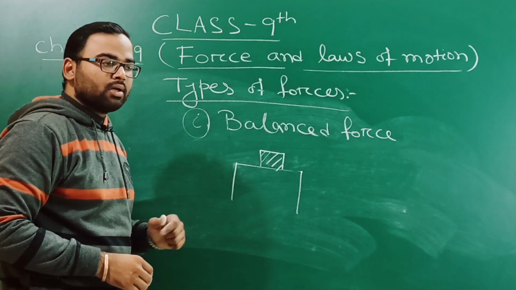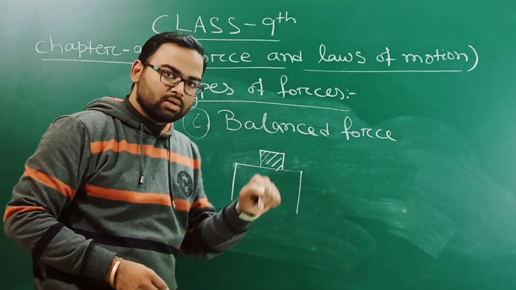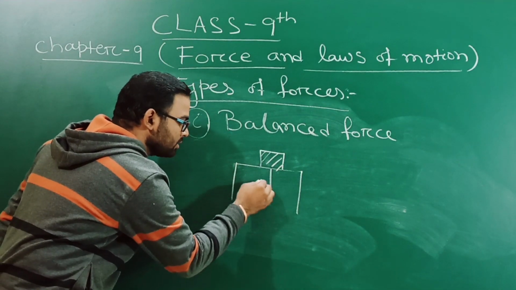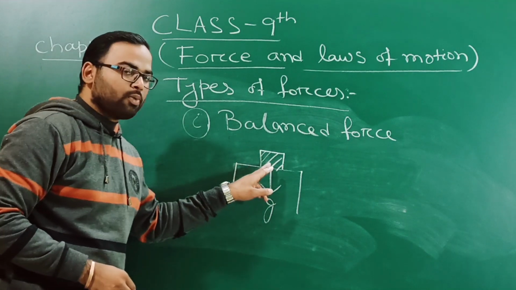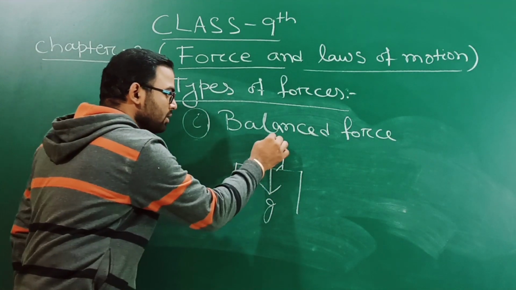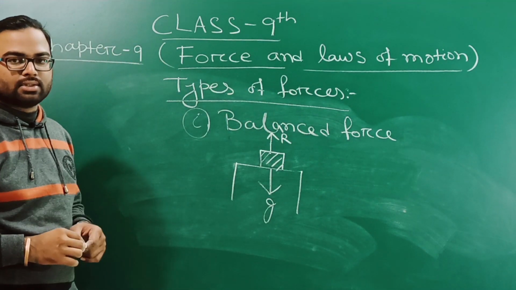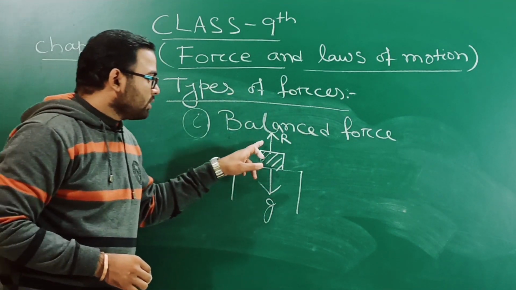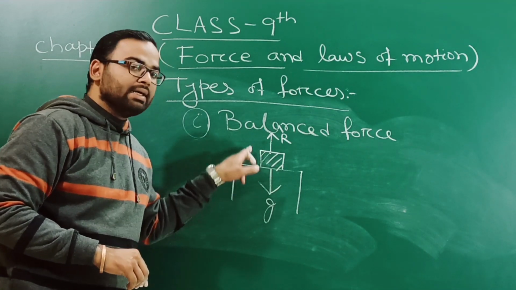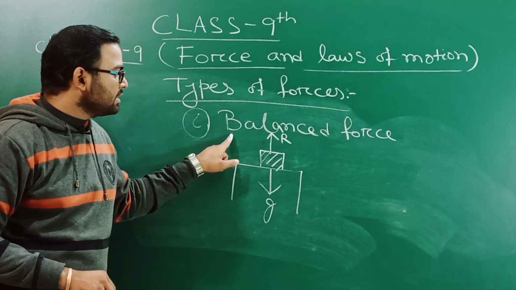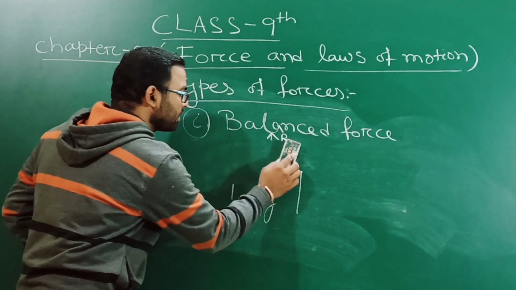Then we know that gravitational force acts continuously downwards. That means gravitational force is like this. And if the body is at rest, that means the resultant force is acting like this. So if the resultant force is 0 or the body is at rest, that means we can say that is a balanced force. So what can we write?